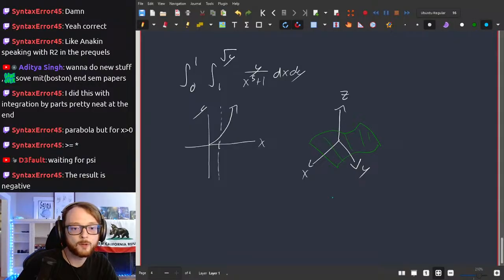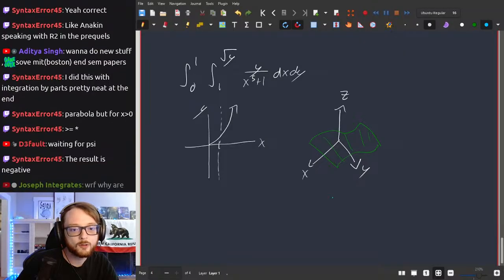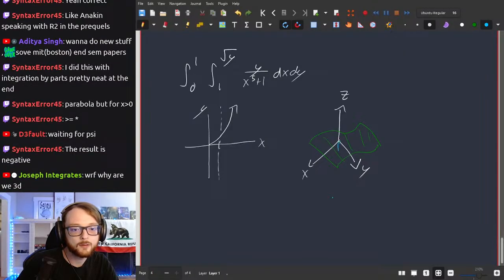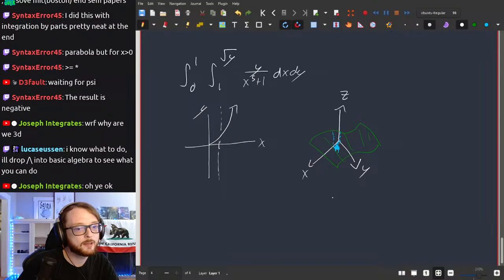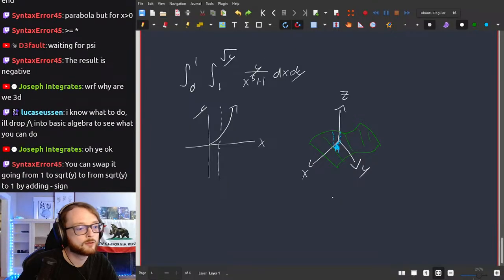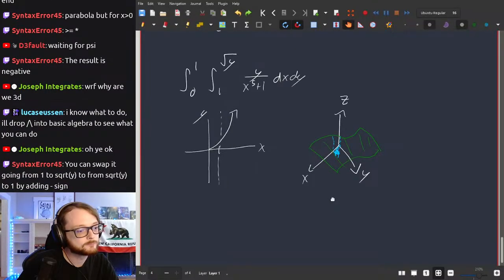We're finding the volume that is underneath this little region here. And we can express this with whatever variables we want. The surface is whatever the integrand is equal to z.